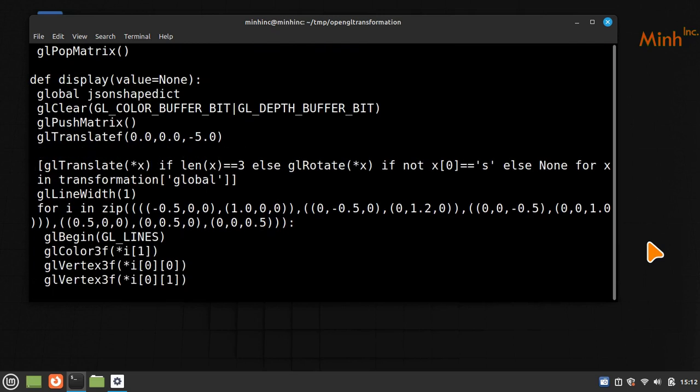We'll say glLightfv, GL_LIGHT0, GL_POSITION, and that is 0, 0, 0, and it is a positional light because Mr. Sun is the source of light. So this is the positional light.